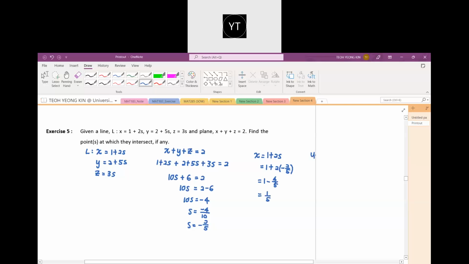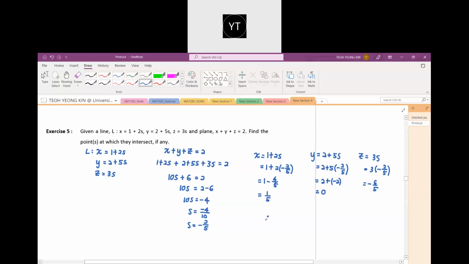Then y equals 2 plus 5s, so 2 plus 5 times negative 2 over 5, which is 2 minus 2, so y is 0. Finally, z is 3s, with s equal to negative 2 over 5, so we get negative 6 over 5.